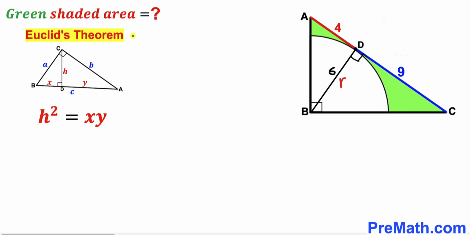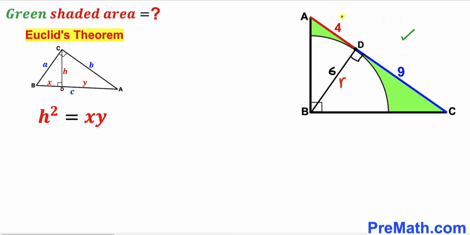Alternatively, we could have used Euclid's theorem to calculate this radius r as well. Here we have a right triangle ABC along with the perpendicular CD, such that this side length is a, this side length is b, this segment is x, this segment is y, and this height is h. Then we could write h squared equal to x times y. Let's revert our attention back to our original problem.